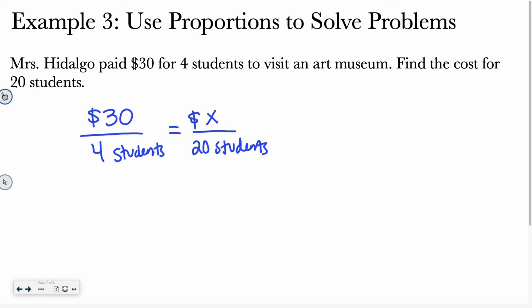Okay. I'm going to do 30 times 20, which gives me 600. And then I'll divide by 4, which when I do that, I am left with $150. So it's going to cost Mrs. Hidalgo $150 to bring 20 students to the art museum.